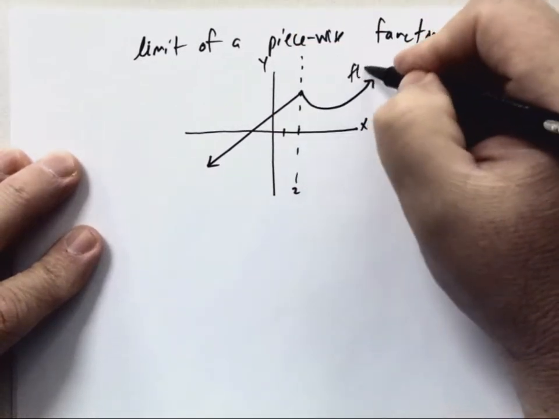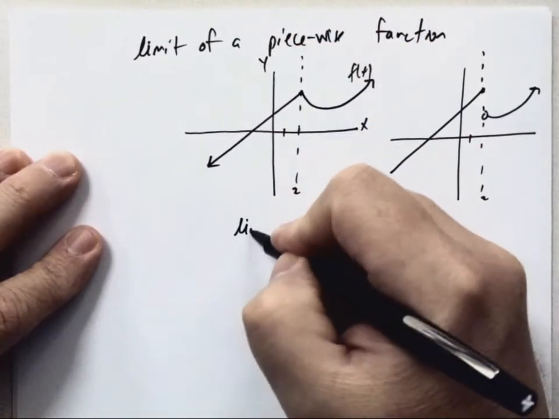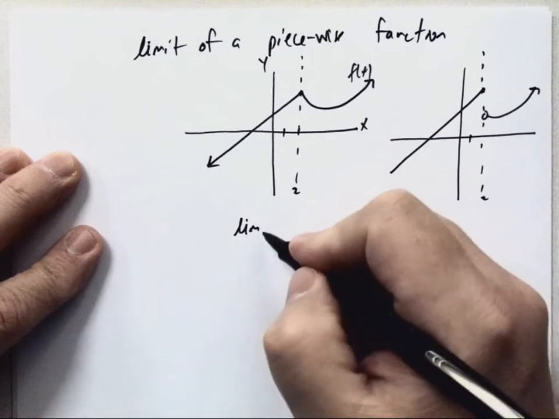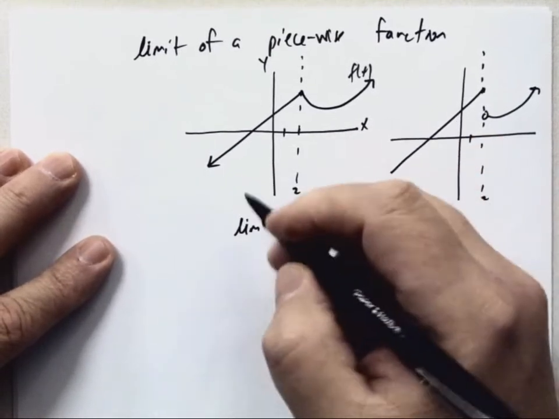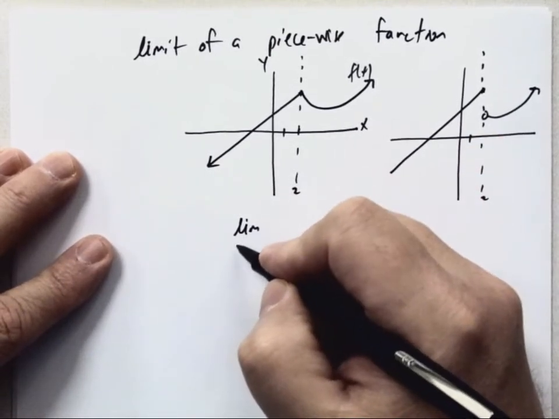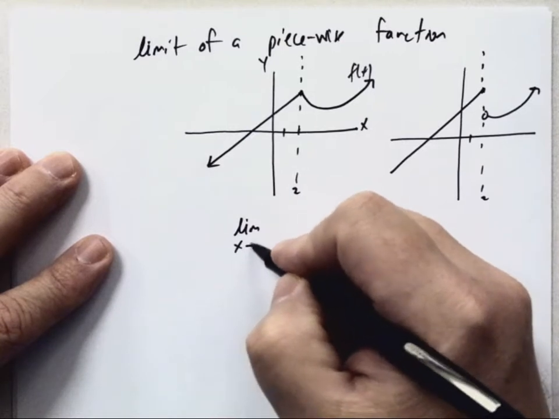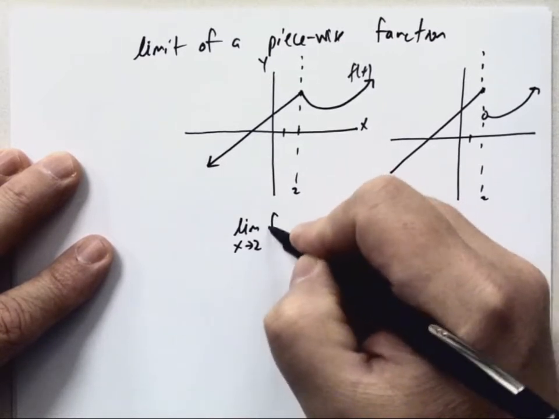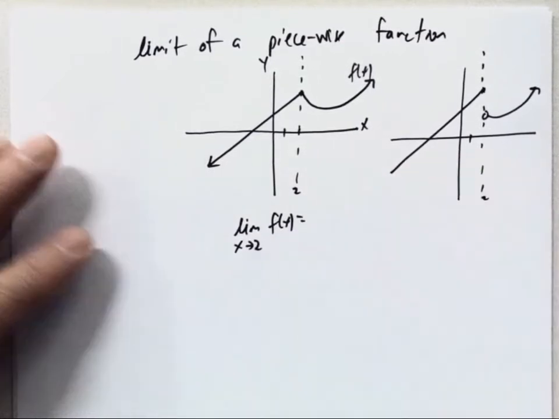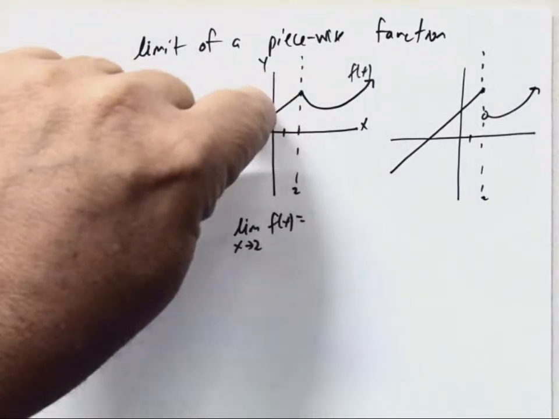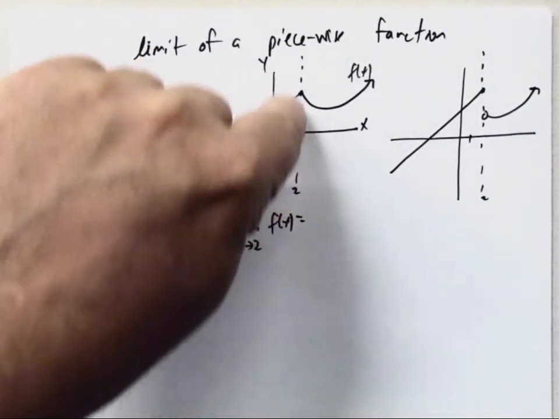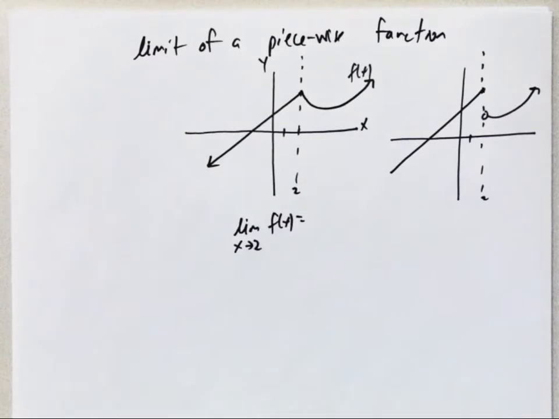So this is my function. Before we look mathematically, let's just look at these two from a graphing standpoint. If we were to look at the limit of this function as x approaches 2, what would we say?